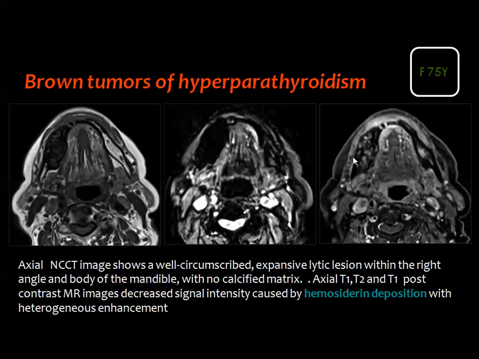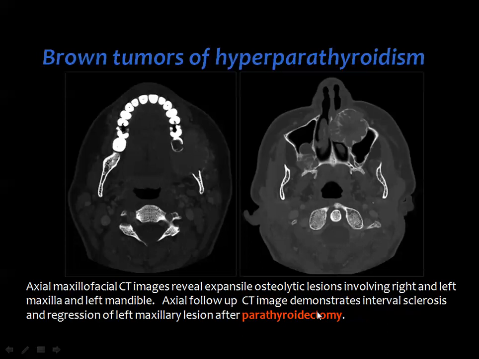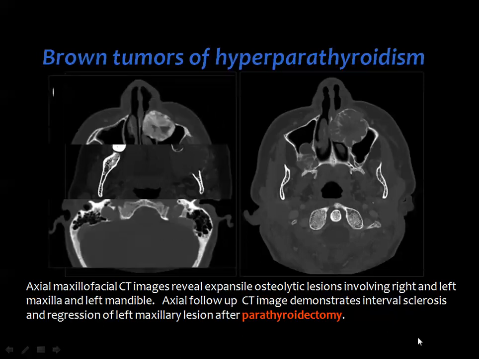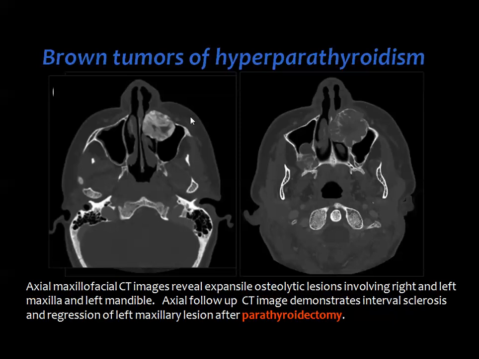Then the major finding for the diagnosis of brown tumors of hyperparathyroidism is the known clinical data of hyperparathyroidism. Then these are multiple lesions in the mandible and in the maxilla, and the lesions showed some healing and sclerosis after removal of the parathyroid adenoma.